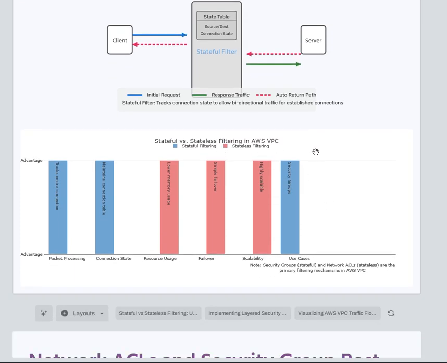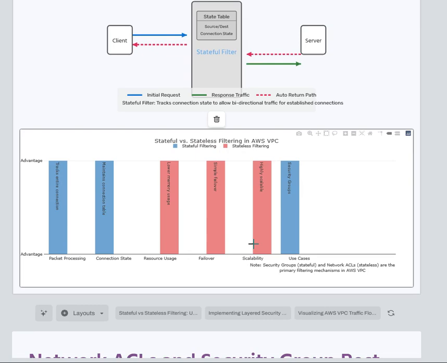Let's have a look at this one. What does this graph say? This graph is saying stateful versus stateless filtering in AWS VPC, right? Security groups are stateful and network ACLs are stateless, the primary filtering mechanisms in a VPC.